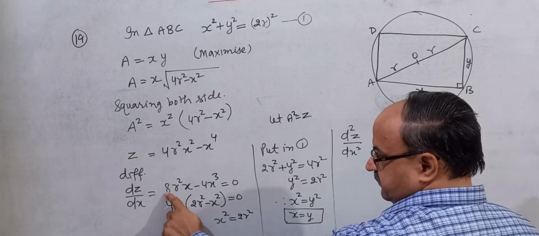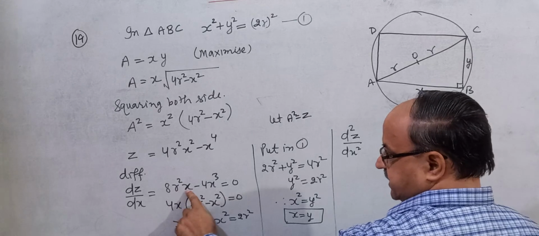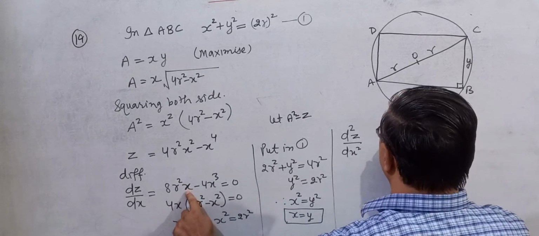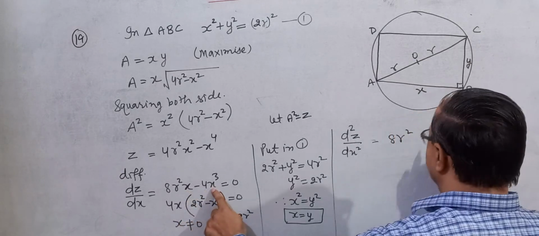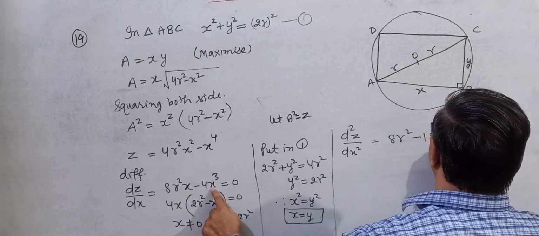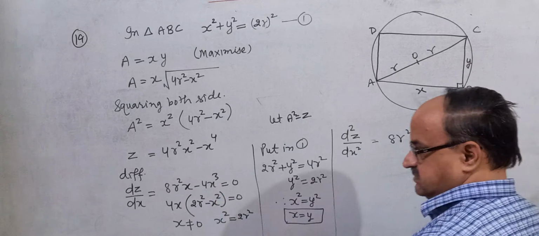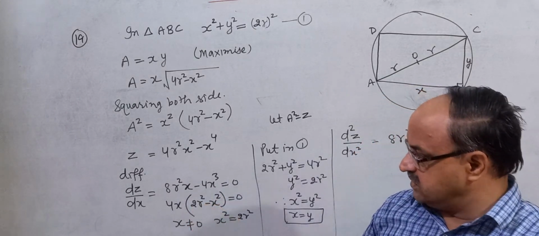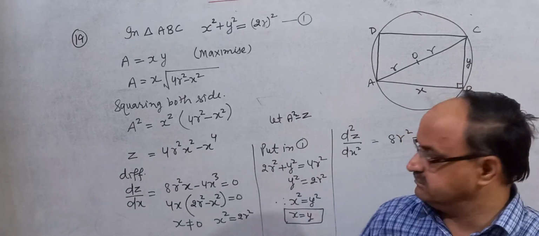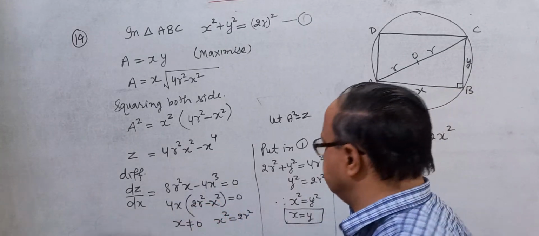The derivative of 8r square x: the derivative of x is 1, therefore 8r square, and the derivative of this is 12x square. Because we want to find the second order derivative, d square z by dx square.